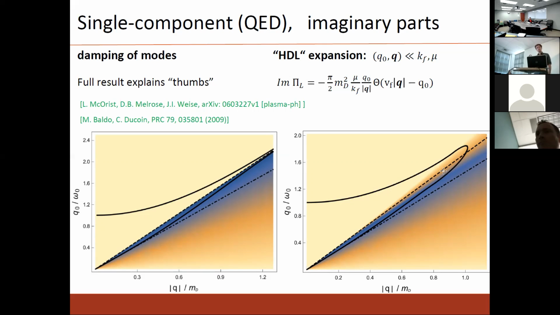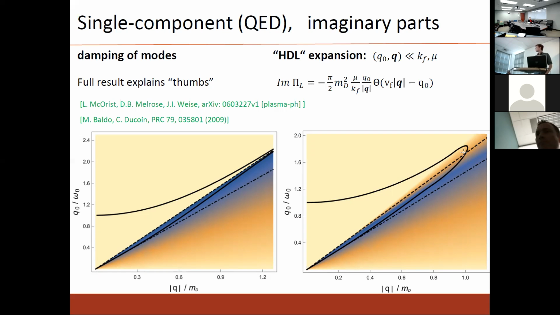It doesn't go to 0 so sharply. Now you can understand why the plasma mode obtains this shape. It goes up in energy as long as it's in the unscreened region. Then it reaches the screened region where it loses energy rapidly, which in this diagram means it bends downwards and at some point merges with the gap mode. So that's really the origin of that weird shape.